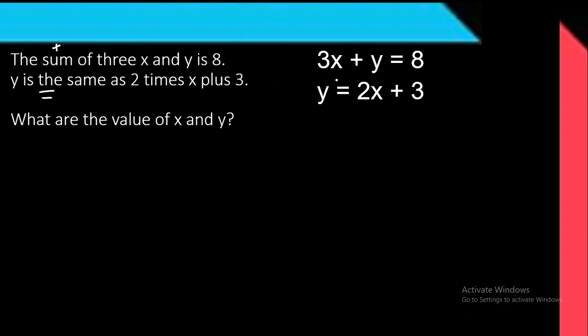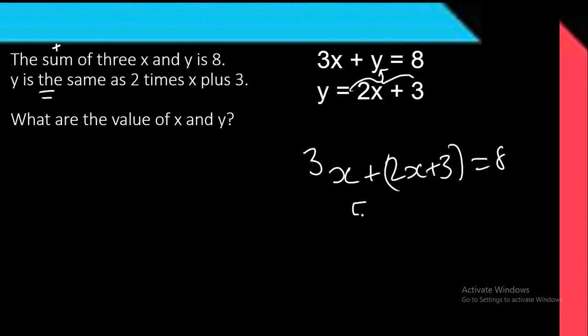Well, once you've written your equations, you should look at this and think, right, I have two different equations. They have the same variable. I'm going to use the substitution method. I'm going to substitute this one into the first one. And we'll have 3x plus 2x plus 3 equals 8.